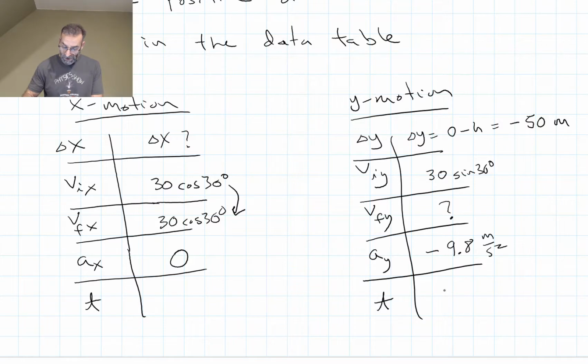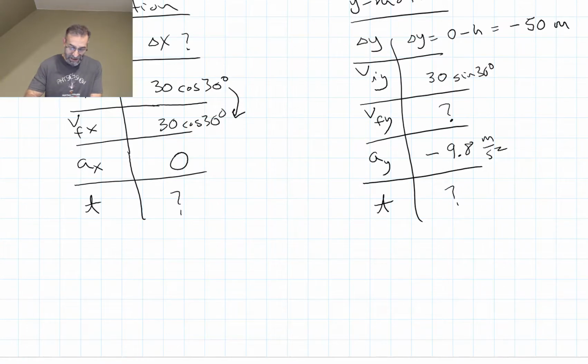And I don't know my time. So if we look at this, we're missing information in the x. We can't solve that. We've got enough information in the y direction, though, to fill in everything there. And what links these two? Time. The time is the same for the x and y coordinates for the ball to get to that point. They are connected. So these have to be the same.